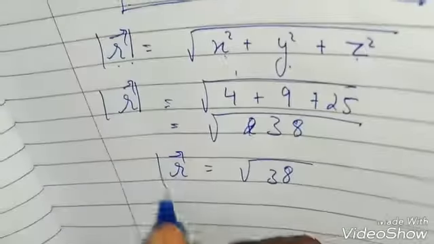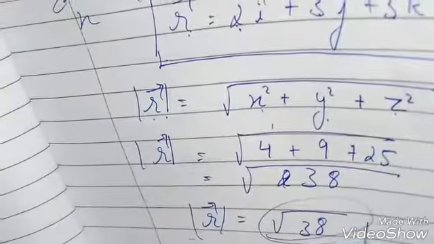It is the magnitude of r vector, meaning if you want to calculate the length of this r vector, it is equal to square root of 38 units.